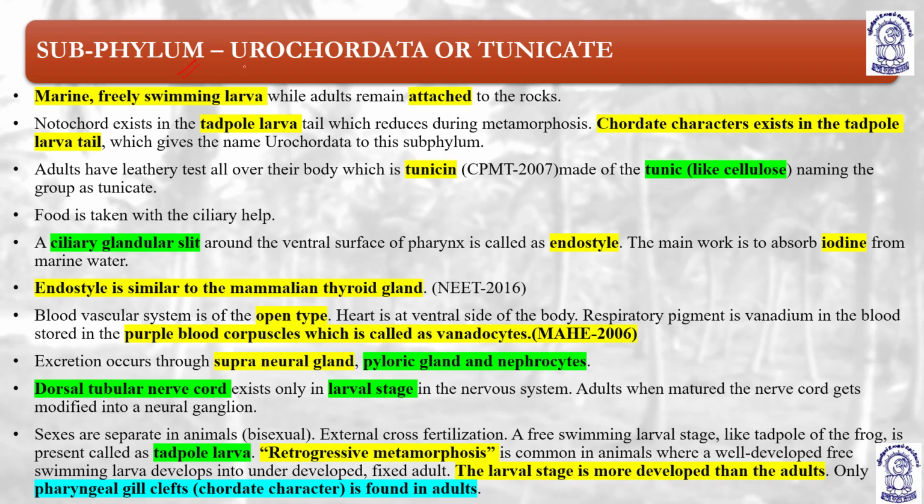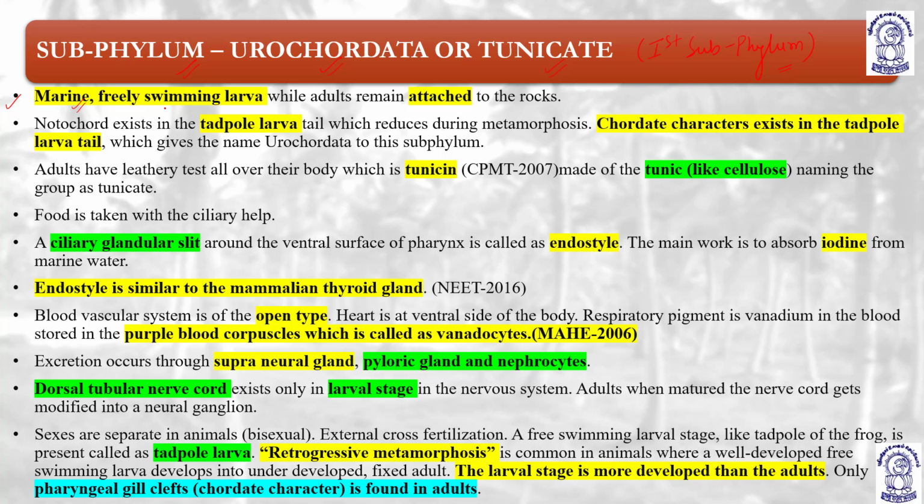The first one is Urochordata, also known as Tunicata. So this is the first subphylum of protochordates. Now we'll come to the features. They live in marine water, that is salty water.